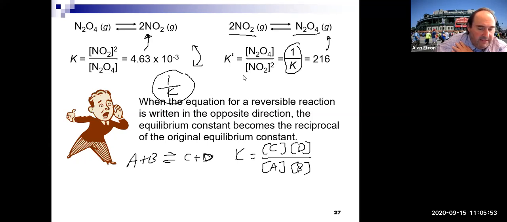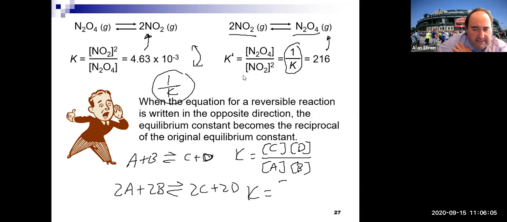So sometimes you may have to multiply by a common number. If I multiply this by 2, 2A plus 2B, and multiply 2 all the way across, 2C plus 2D, that would give me a K value that is C squared D squared over A squared B squared.